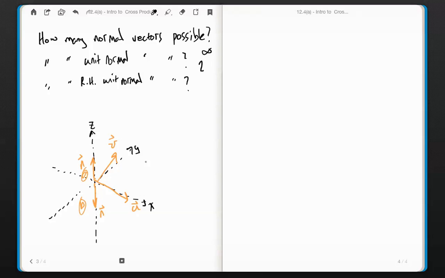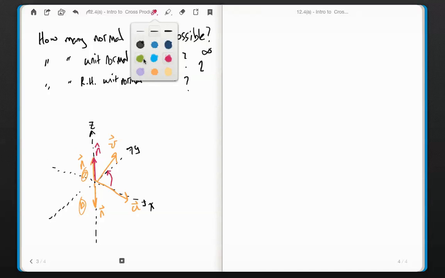Right-handed means if I go u cross v like this, that means if I take my right hand and my right fingers go in this direction, so my right fingers are pointing this way and I kind of make a fist, my thumb points up. That means it's right-handed. So this becomes the right-handed unit vector that way.